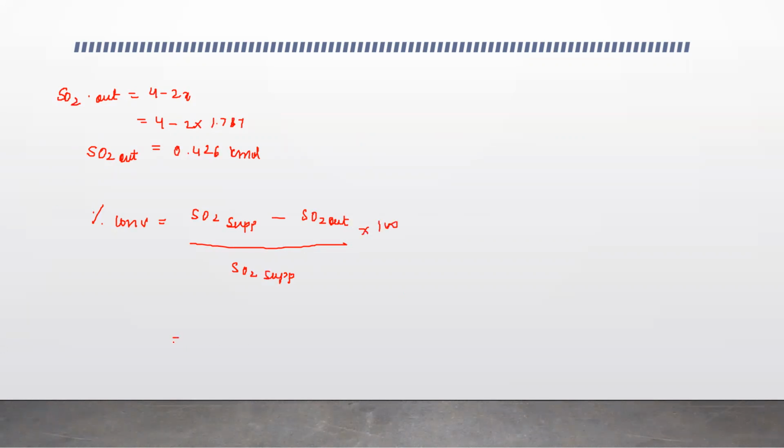So SO2 supplied is 4, SO2 out is 0.426, and SO2 supplied is 4, into 100. So that is going to be 89.35%. This is your answer. 89.35% is the conversion. All right.